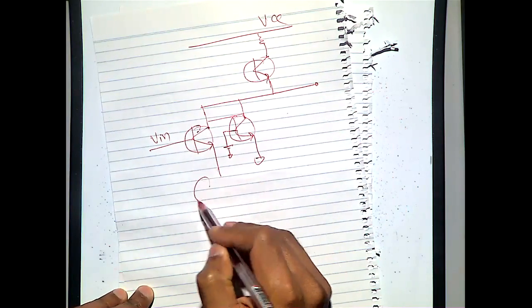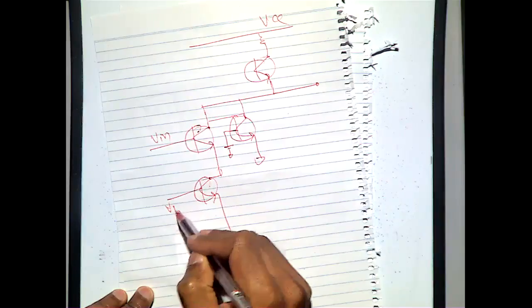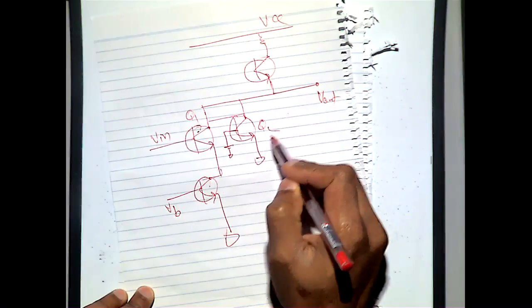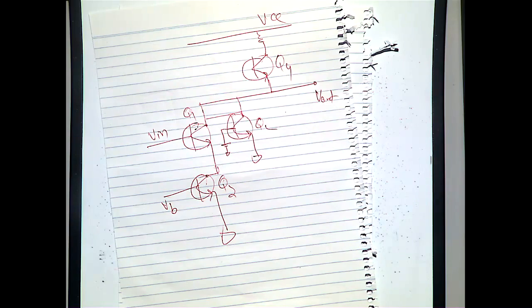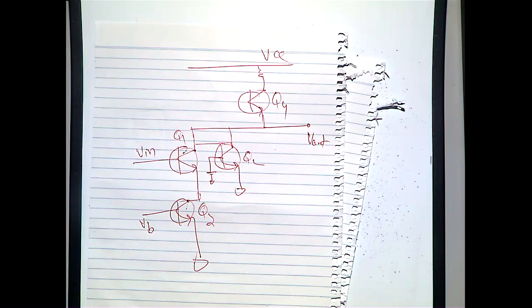Then from here I am getting another transistor to the ground, maybe this VB, and then this is the V out. So you have Q1, Q2, Q3, Q4. This is just an example, this might not be a working circuit. When you have a complex circuit like this, you will ask which transconductance will be contributing to your gain.